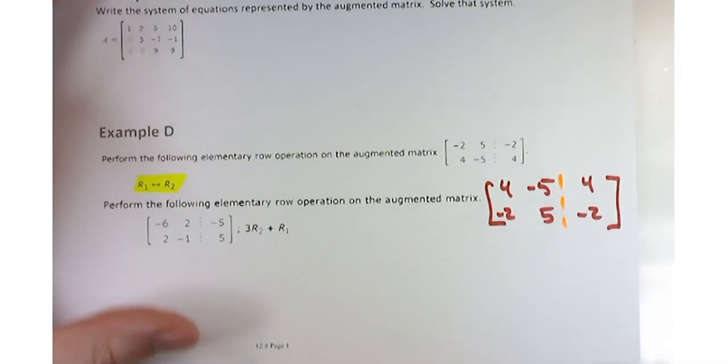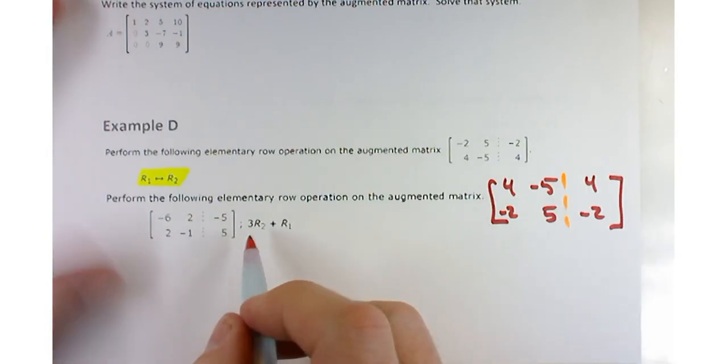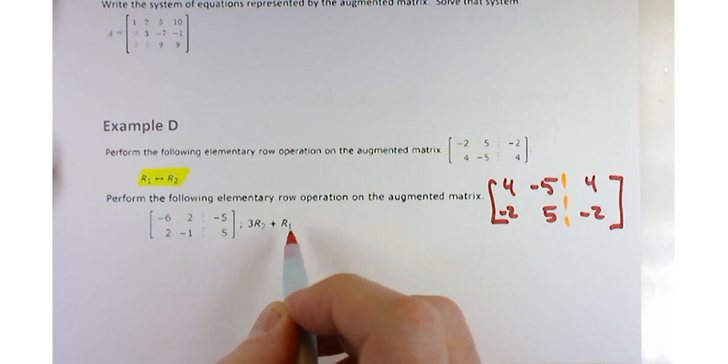It's one of a bunch of commands that you can use in working with systems of equations to eventually get it into the form that we had with example C. But let's try another one. This one says 3 times row 2 added to row 1.